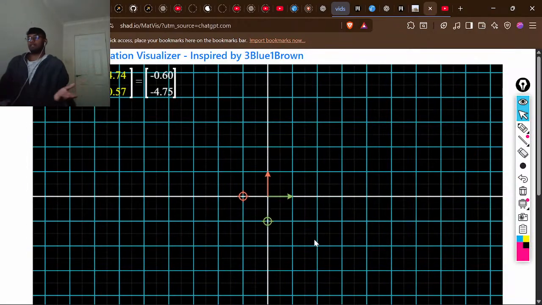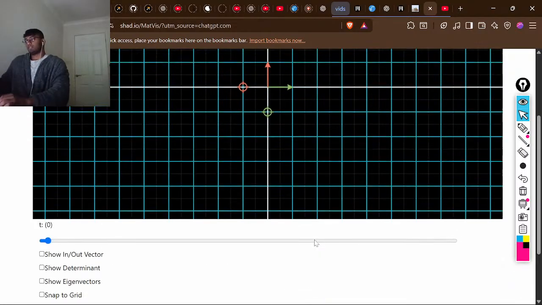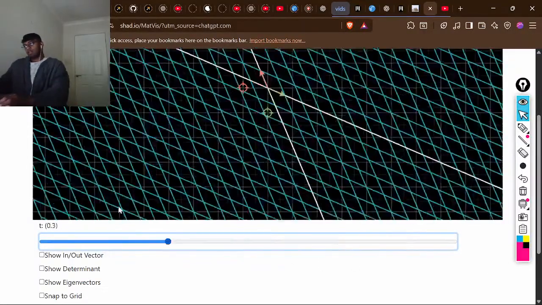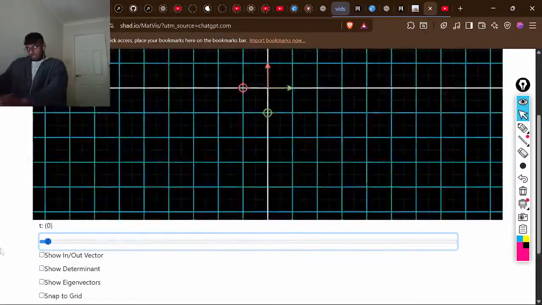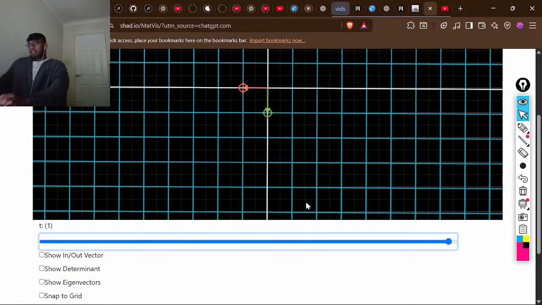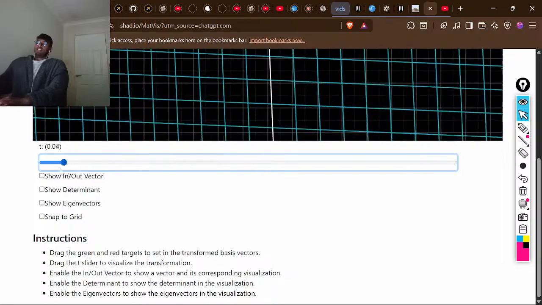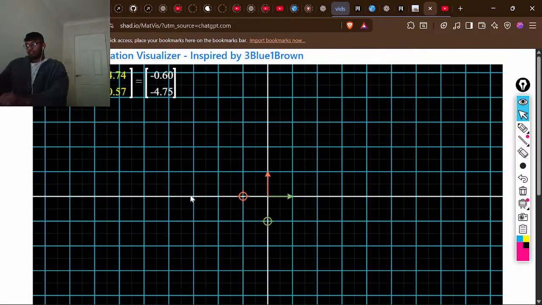Okay, yeah, that is the transpose of the thing. So when that t, whatever t is, reaches, let's show the determinant.